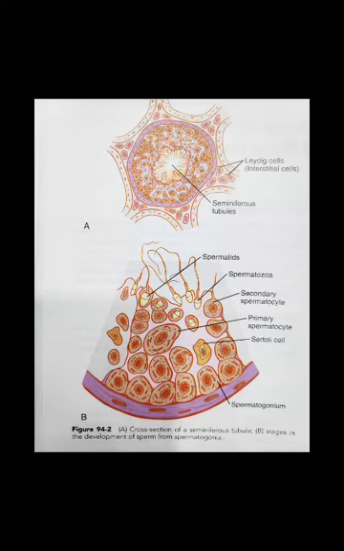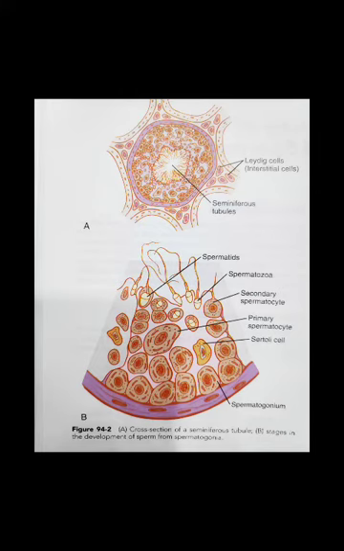They gradually divide and move towards the lumen, the actual tubular part. Within this transit, they are surrounded by these big cells called Sertoli cells, which are very essential for the division, differentiation and maturation of the spermatogonia finally into sperms.